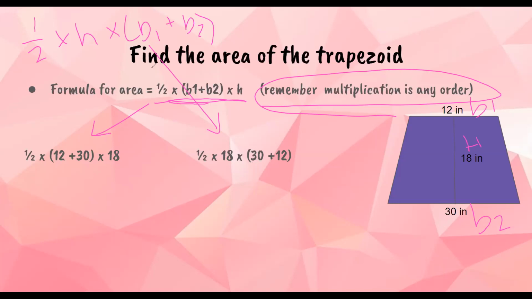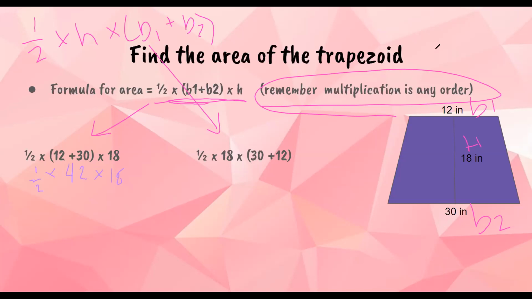So let's start on this problem over here. I'm going to go ahead and add what's in parentheses. So 12 plus 30 is 42. So now I have 42 times 18 times 1/2. And what I'm actually going to do, and if you want to multiply in different order, that's fine.